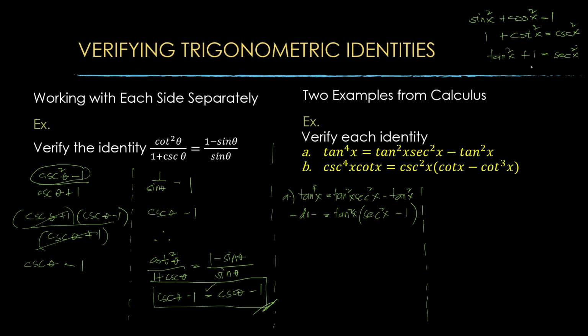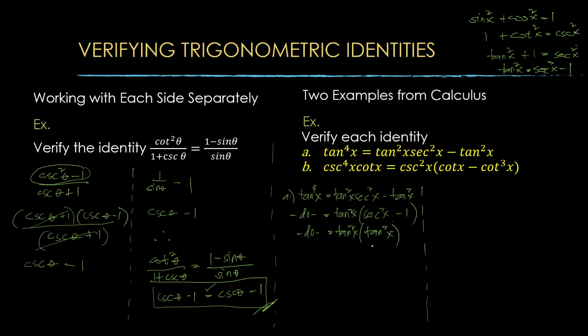If I transfer the positive 1 to the right hand side of the equation, I have the tangent of x squared is equal to the secant of x squared minus 1. So basically, this is equal to tangent of x squared. Therefore, I have the tangent of x squared multiplied by the tangent of x squared.